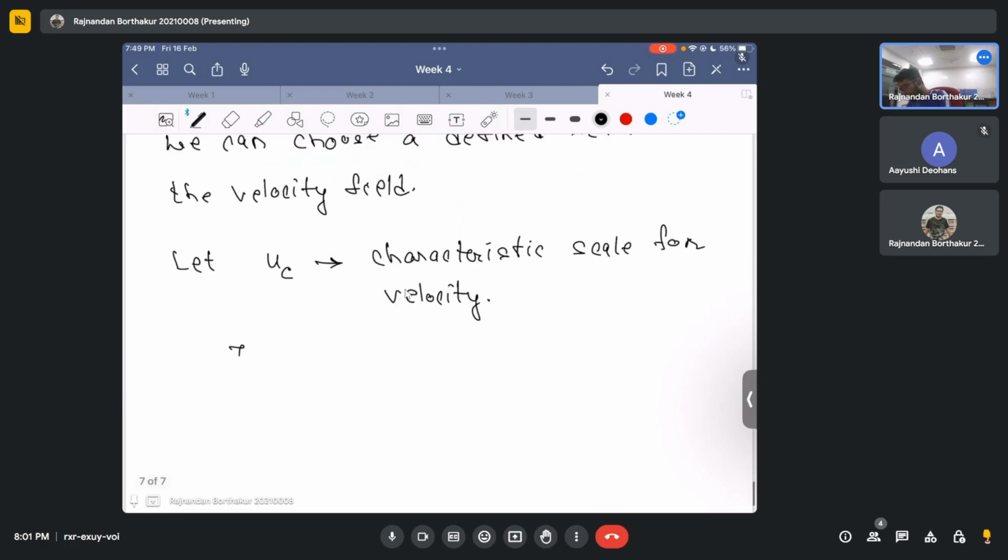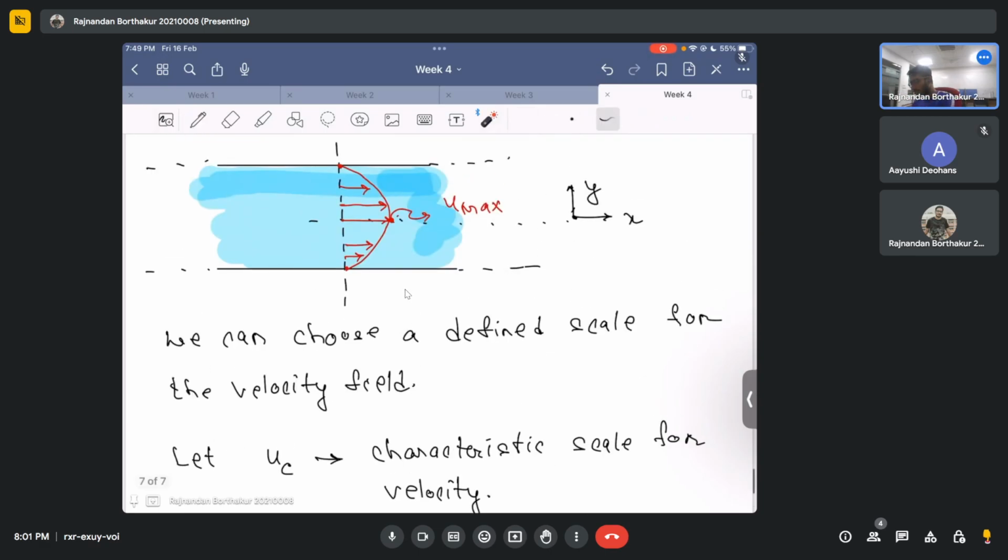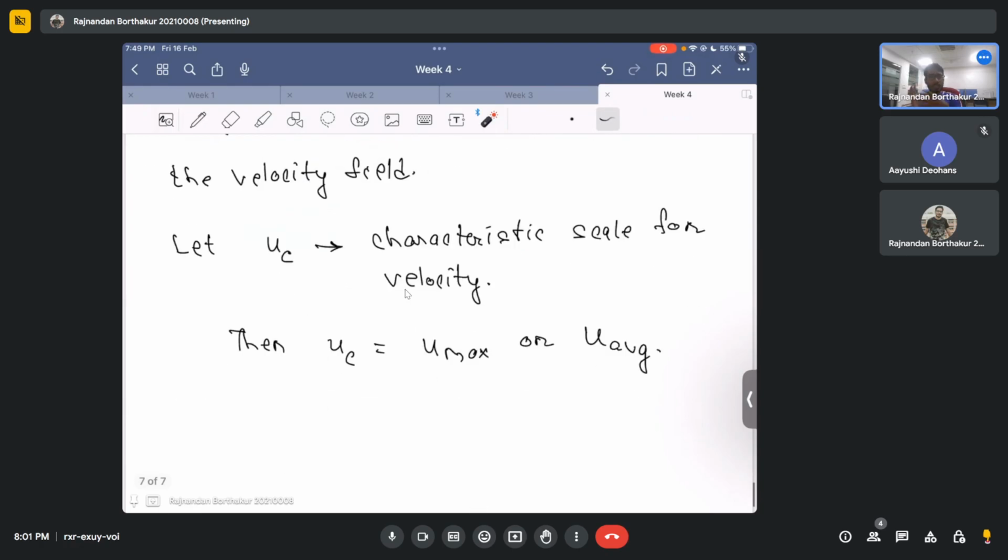Okay, then we can choose UC to be either U max or U average. Okay, which means for this particular problem, I am choosing my characteristic velocity to be either the U max or U average, and that's completely up to you.